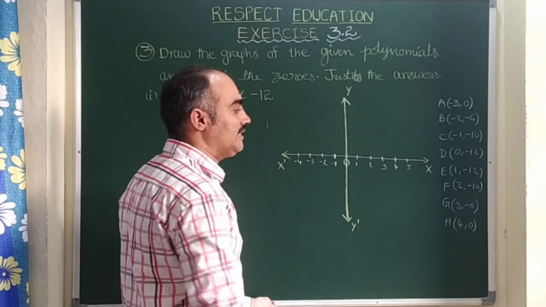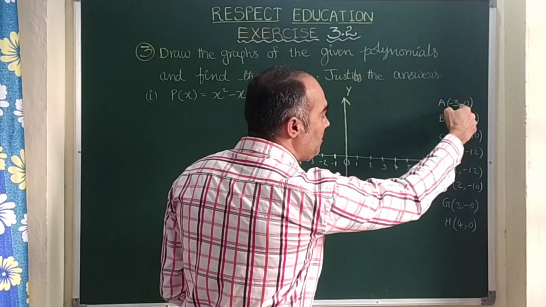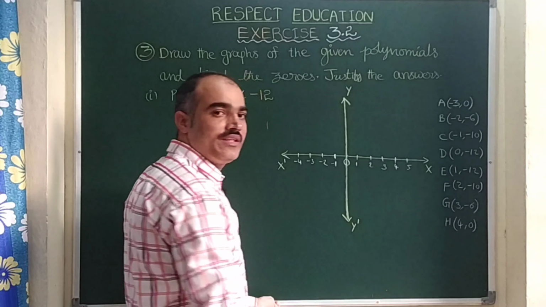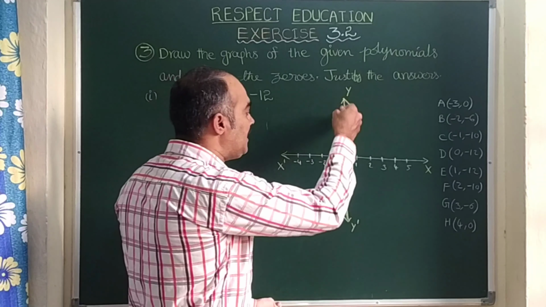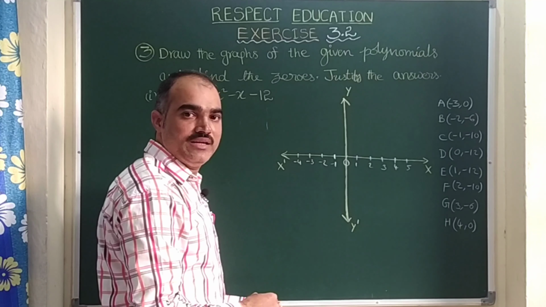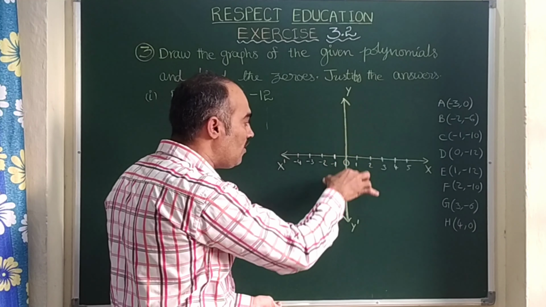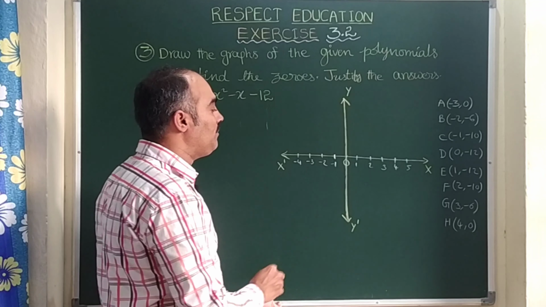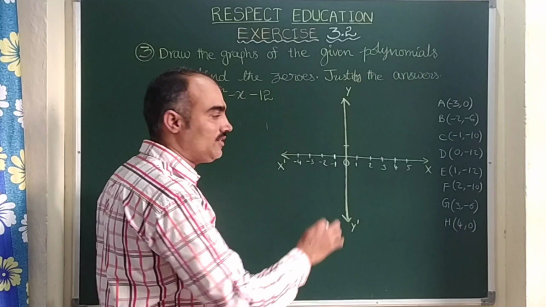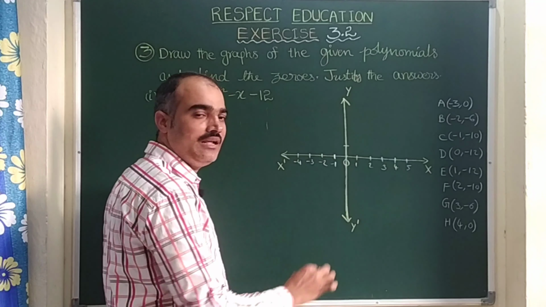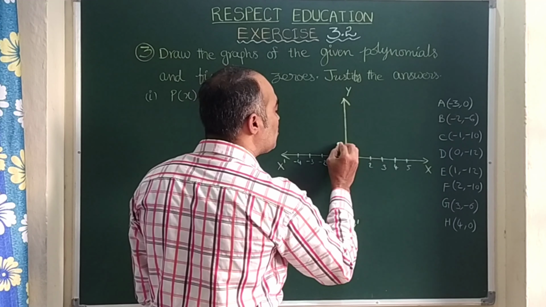Here the thing is that when the y values are more, you have a choice to decide the scale of y. As I do not have much place, here I am taking each unit on the y-axis, actually this is called 1 centimeter, children. 1 centimeter I am taking as 2 units.